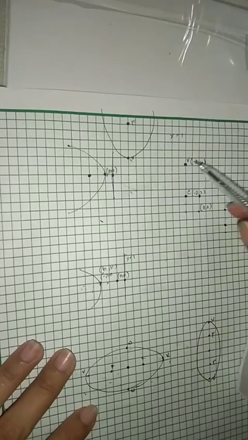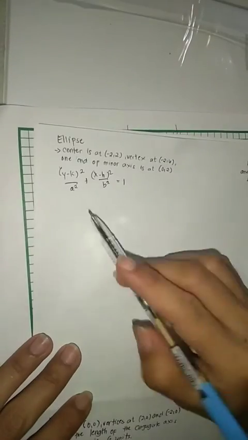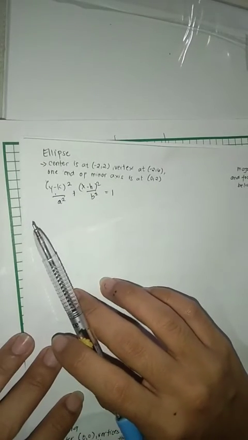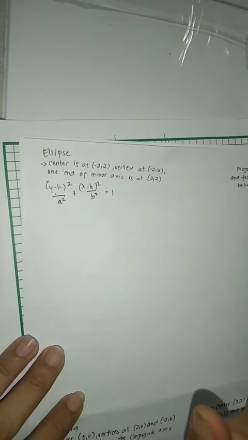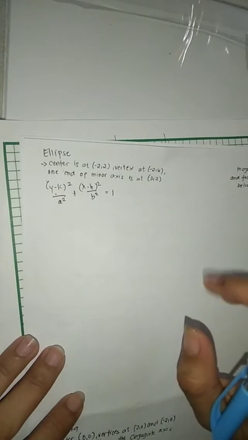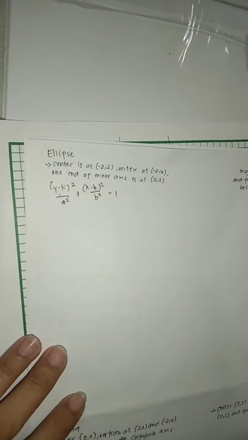It's because in the graph, the vertex and the center are on the y-axis. And if it's on the y-axis, the a should be under y. I do it because it's the easiest way to remember the orientation of the ellipse.